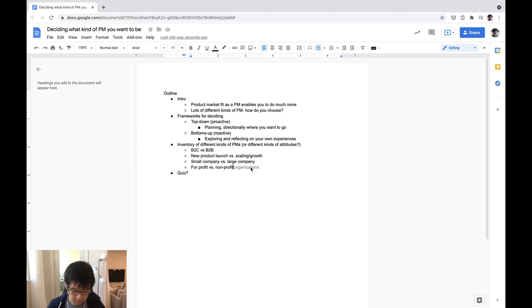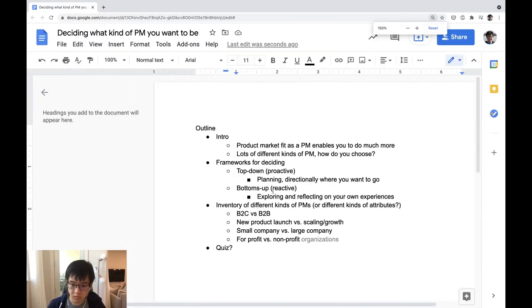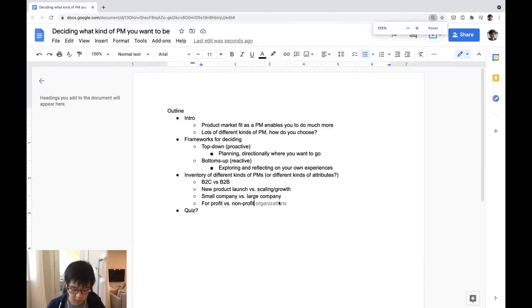So let me just make this a little bit bigger for everyone. For-profit versus nonprofit. So what else do I have here? So there's distribution model. I don't know that I want to get into B2B2C. That seems a little bit too complicated for talking about what kind of PM we want to be. So there's funding, VC versus bootstrapped.